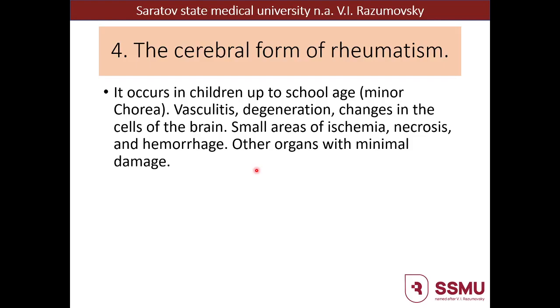The cerebral form of rheumatism occurs in childhood and manifests itself by minor chorea. Pathologically, it's associated with vasculitis, degenerative changes in the cells of the brain, small areas of ischemia and necrosis, and hemorrhages in the brain.